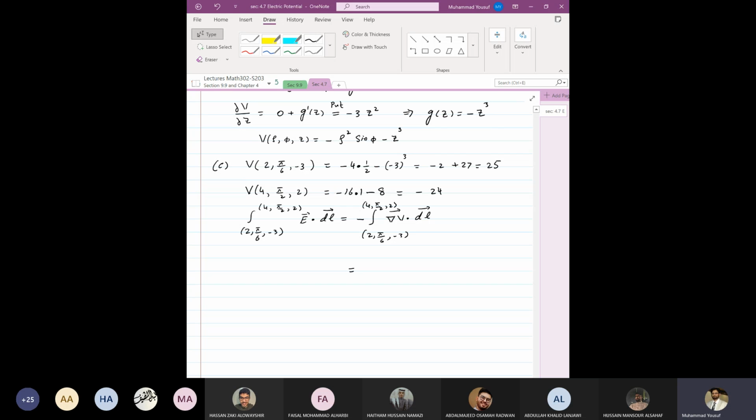Then the fundamental theorem says that this is equal to V at the end point, which is 4, pi over 2, 2, minus V at the starting point, 2, pi over 6, negative 3. So actually it is 49.